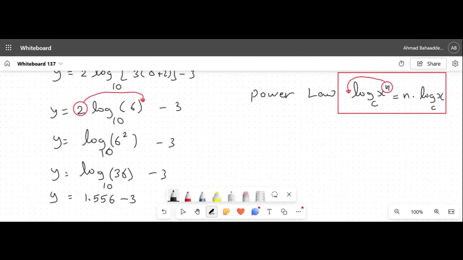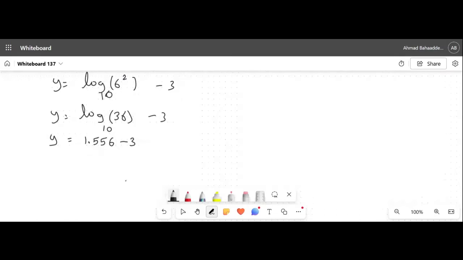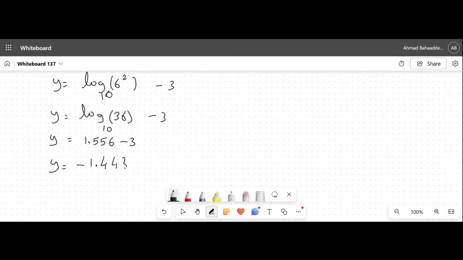That's going to give me approximately y equal to negative 1.4436. So I now have the y-intercept, where x equals 0 and y is negative 1.4436.